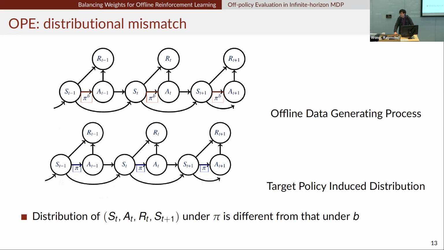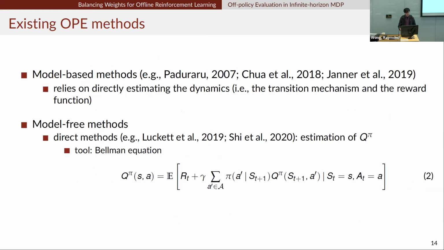Moreover, even in the on-policy setting where the initial distributions are the same, we are not able to directly use the average of the discounted sum of rewards in the data to estimate the policy value, because we only have finite horizon trajectories, while the quantity that we are interested in is infinite horizon.